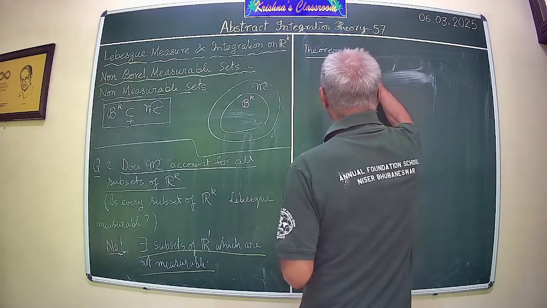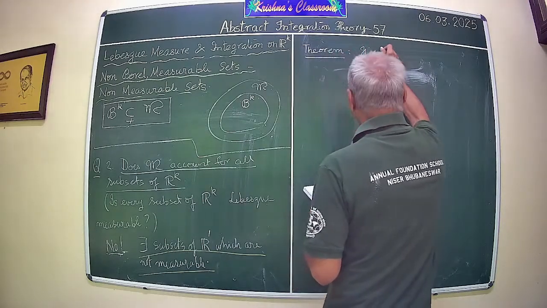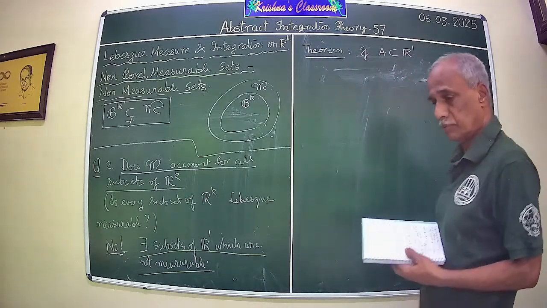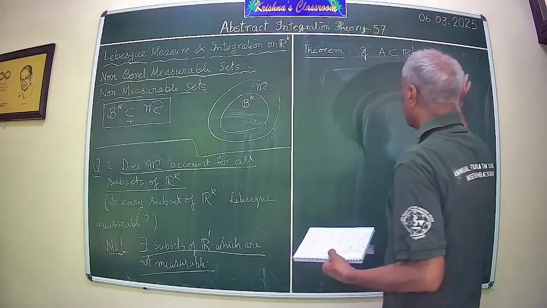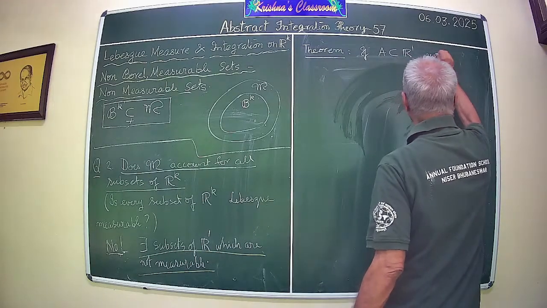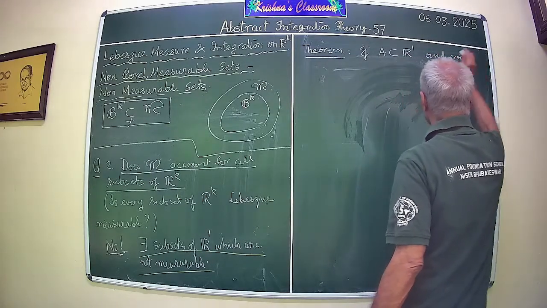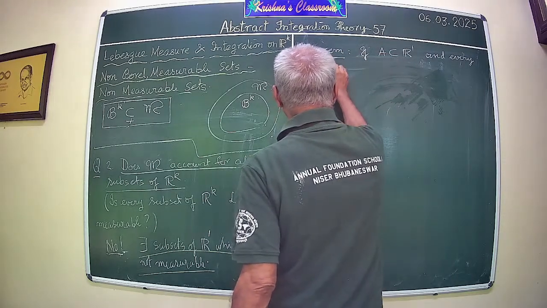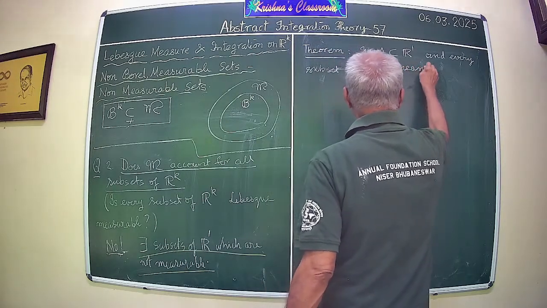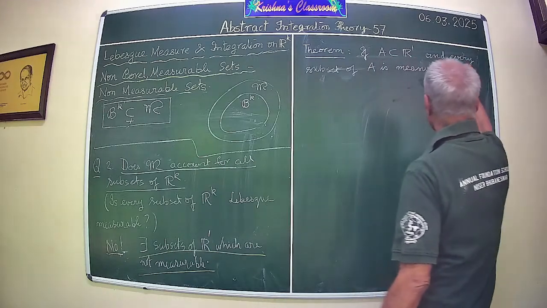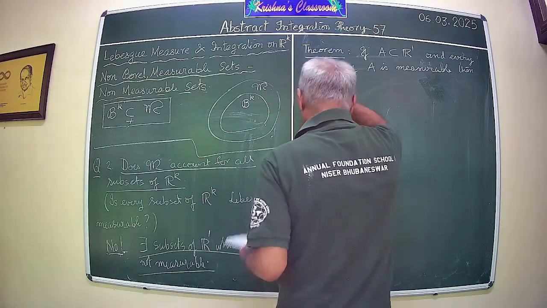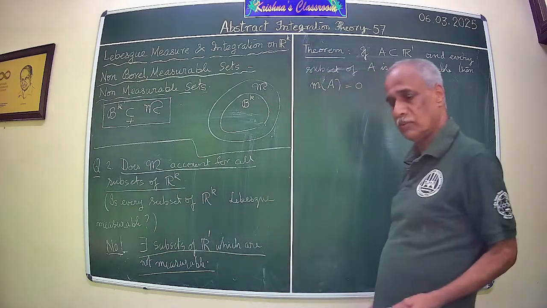We prove that if A is contained in R1 and every subset of A is Lebesgue measurable, then measure of A equal to 0, which is a contradiction.